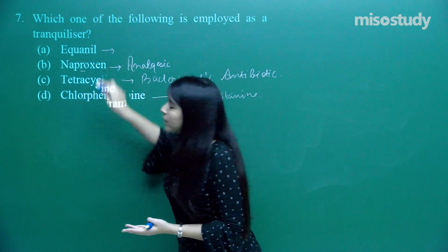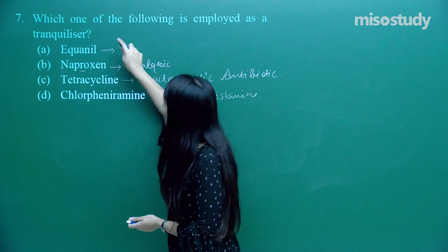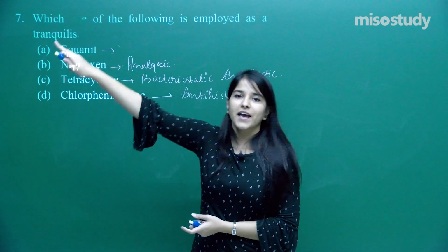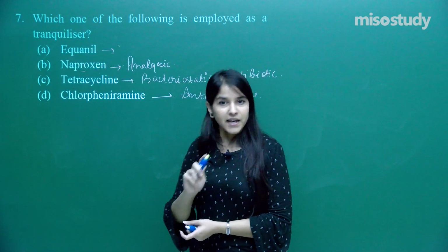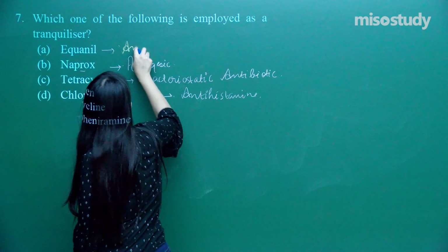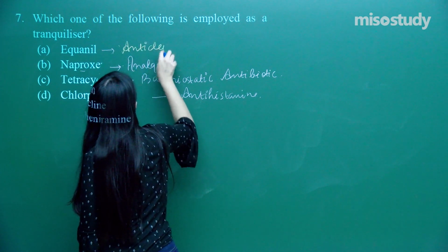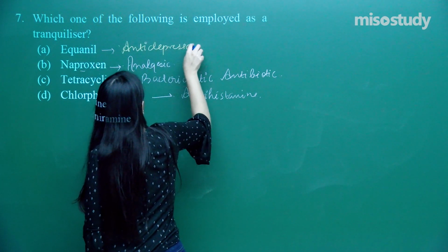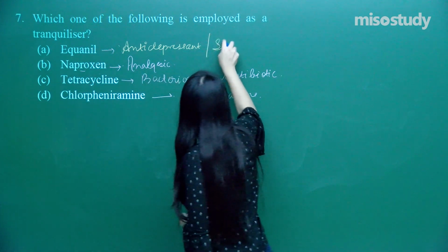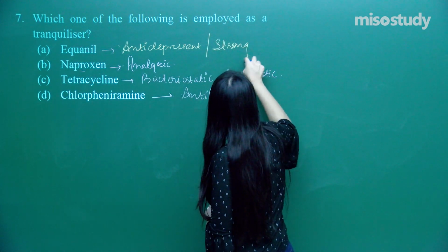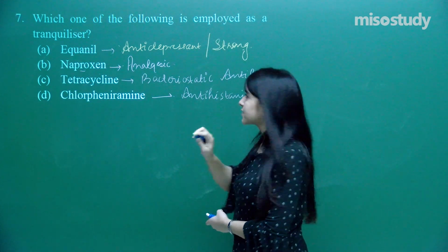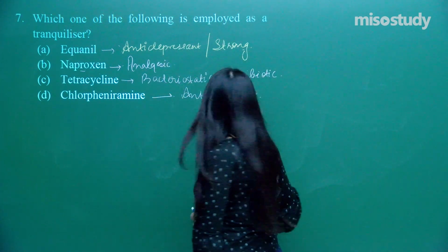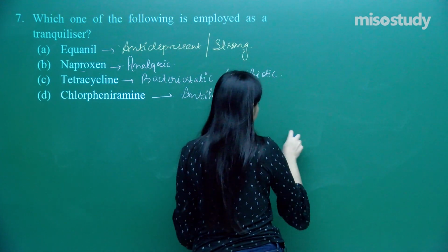So what is Equanil? Equanil, yes, we have got under the category of tranquilizer. It is definitely an antidepressant. And also I would like to tell you that it is a strong one. So that is a strong antidepressant here in this case. So let us just have the structure for Equanil.